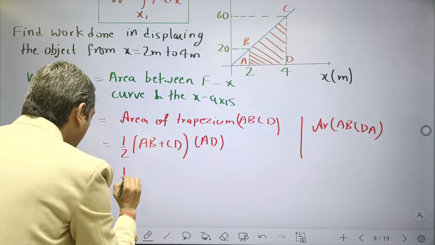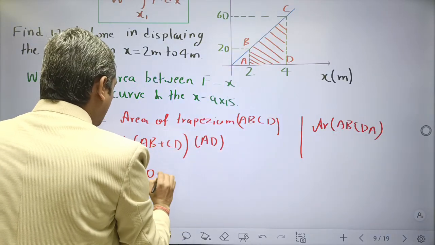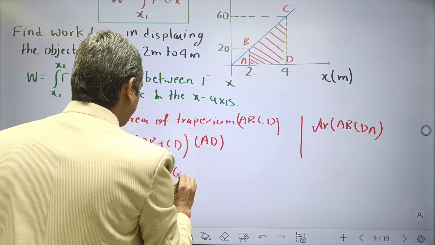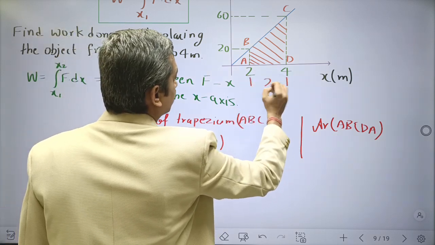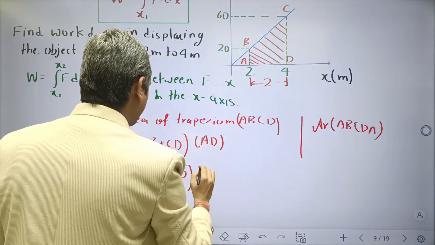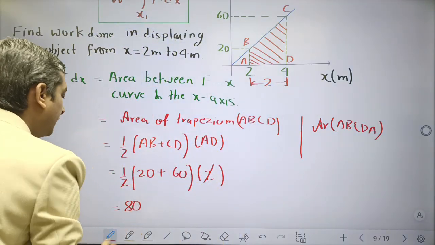So this will be half. AB is 20, CD is 60, and AD is 4 minus 2. So this value is 2, isn't it? So this 2 gets cancelled, and 60 plus 20 is 80.